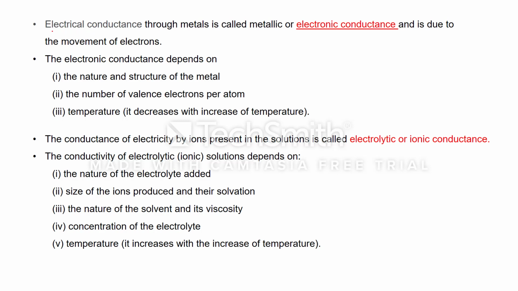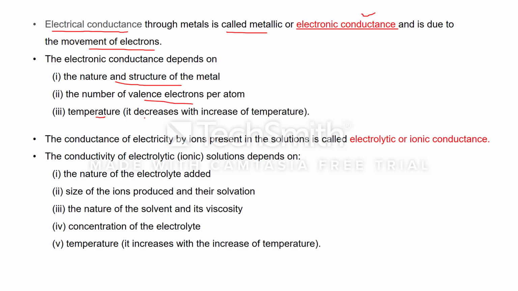Electrical conductance through metals is called metallic or electronic conductance, and this is due to the movement of electrons. Electronic conductance depends on the nature and structure of the metal, the number of valence electrons per atom, and temperature.